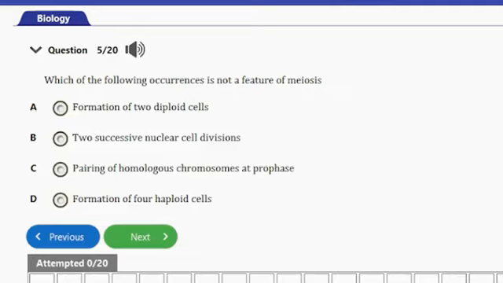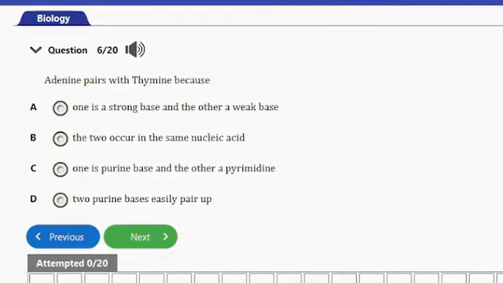So option A is the correct answer, because meiosis results in haploid cells, not diploid. Haploid cells have half the number of chromosomes, whereas diploid cells have the complete number. With that being said, let's consider the next question.